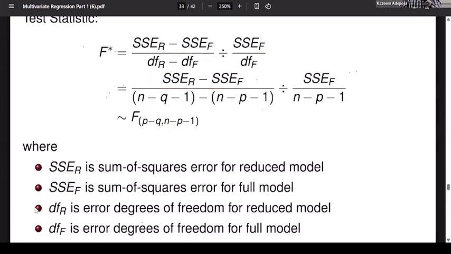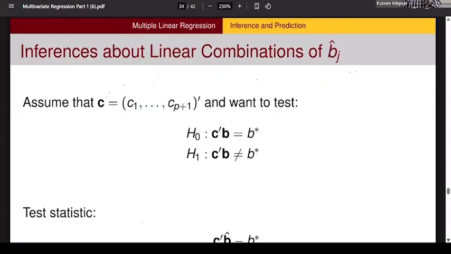Now, when you have that, I'm still going to show you how that is done in R. But next on the line is, how do we test hypotheses that have to do with a linear combination of parameters? We have a constant vector C, from C1 up to C p plus 1, and B is the regression parameters.